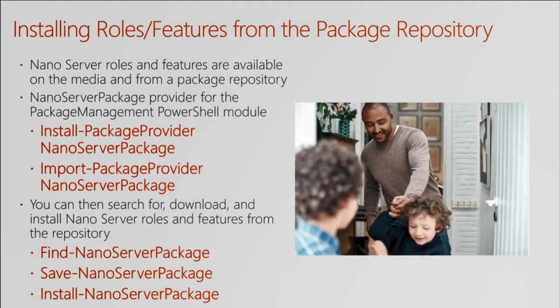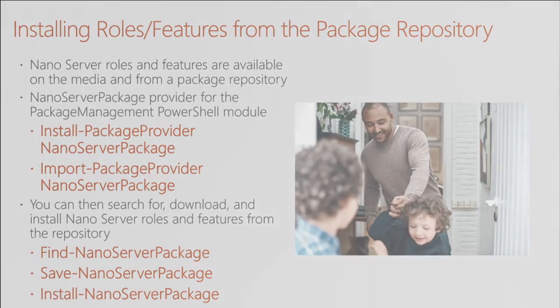You can also, in the modern world of updating from online repositories, use package providers. You can pull those packages down using those commandlets, so don't think you can only do it from the media. You can do it online as well. All very simple. Who can't love PowerShell? Find, save, install. Really simple stuff.